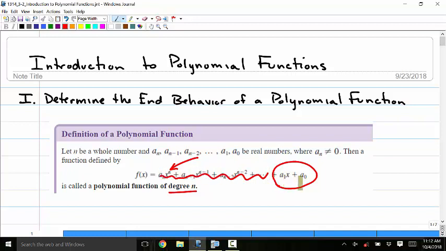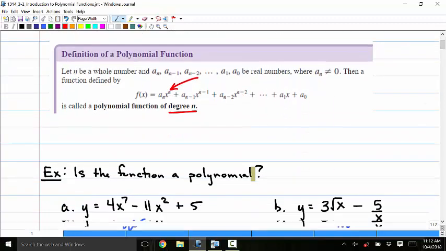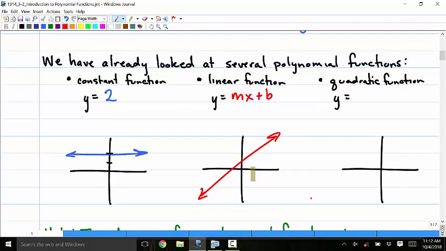Y equals mx plus b. So a linear function is a polynomial. The one we looked at last time in class, the quadratic. Y equals ax squared plus bx plus c. And it was a parabola. Do you see a number times x squared plus a number times x plus a constant? That's a polynomial function.